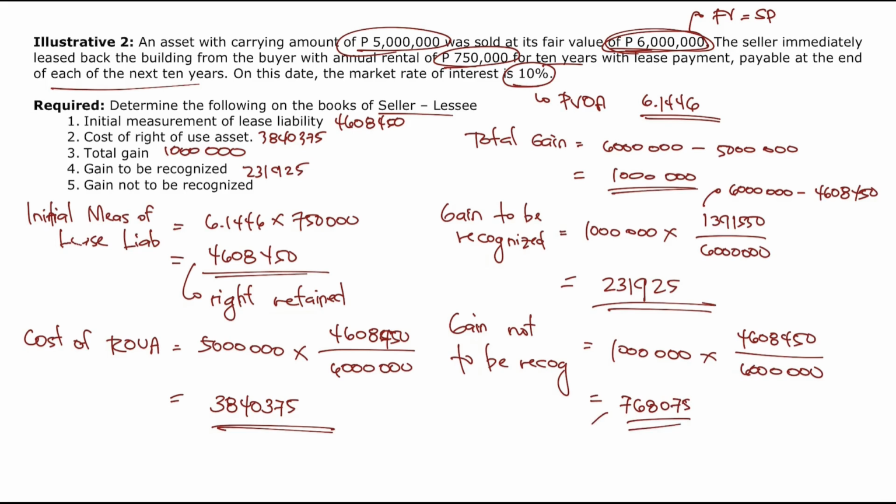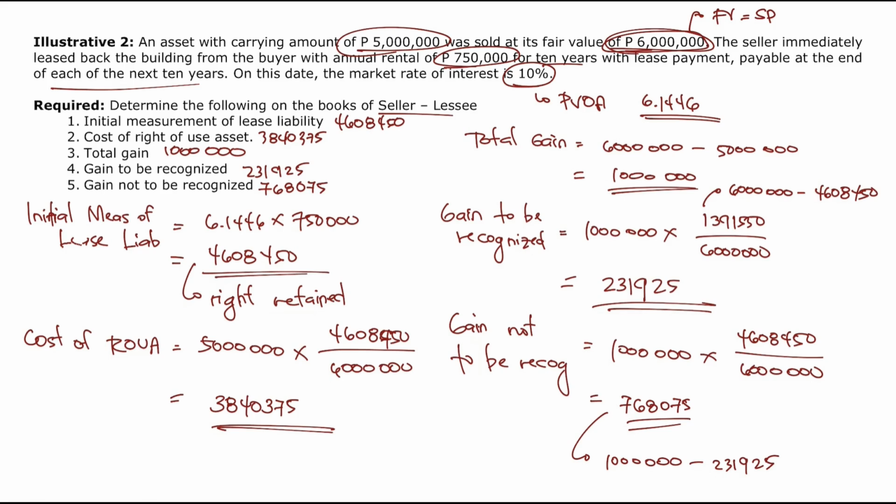Or alternatively, pwede mo rin namang i-deduct na lang from the total gain na 1 million yung gain to be recognized na 231,925. Okay? So, ang ibig sabihin ngayon, out of the 1 million gain, ang i-recognize lang po natin sa ating books will be 231,925. So, requirement number 5, gain not to be recognized will be equal to 768,075.